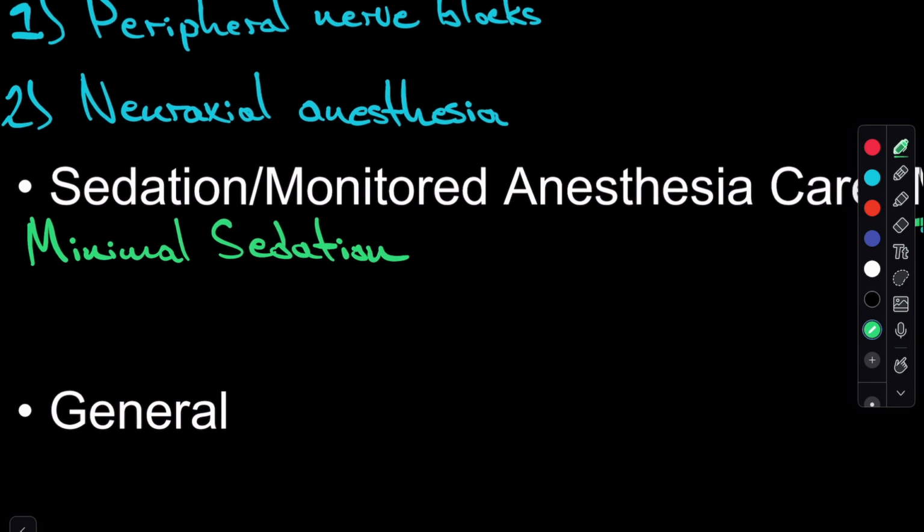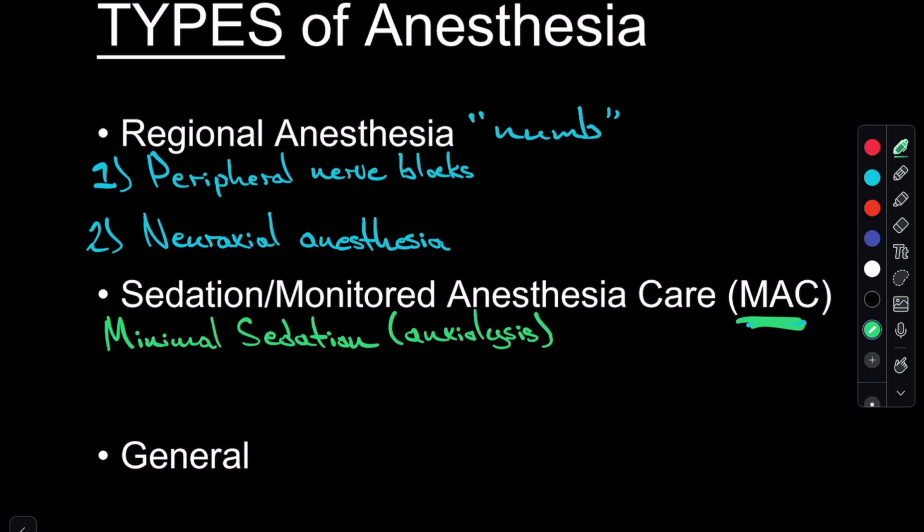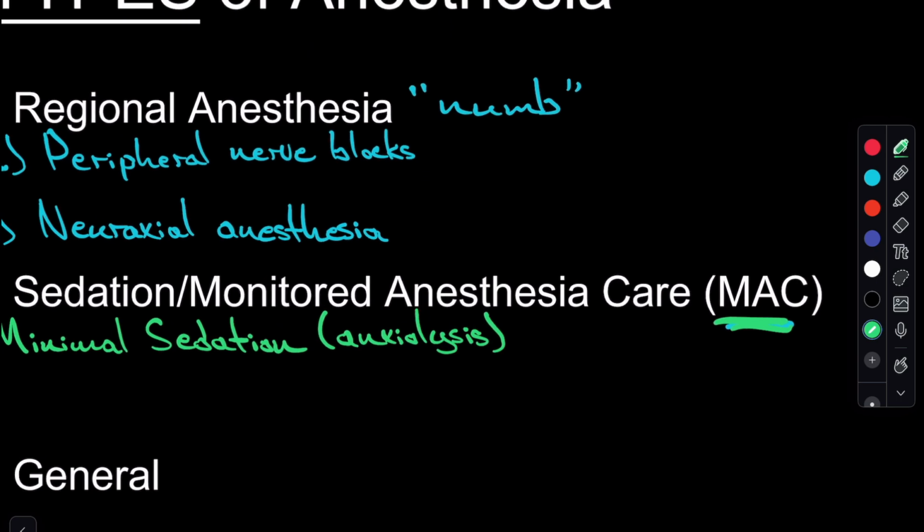This is also known as anxiolysis. So an example of this would be providing Versed to a patient prior to maybe like a root canal or something along those lines. And it's defined by a patient having normal response to verbal stimuli.